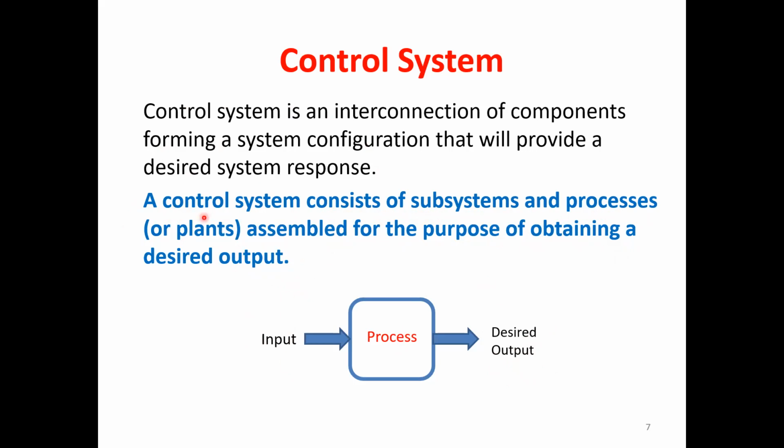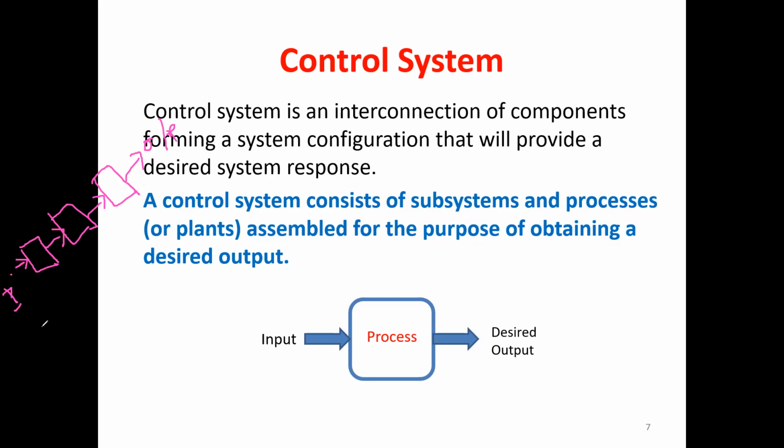So a control system consists of subsystems and processes. You may ask me what is a subsystem here. Let me show you. Let's say here I am putting the input. We can have multiple systems, and maybe you can get the output.